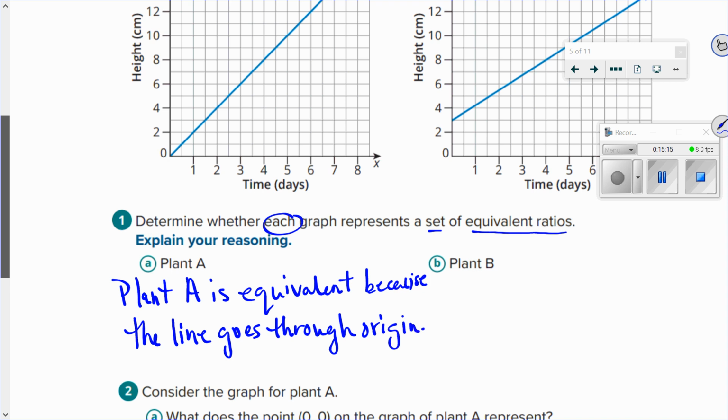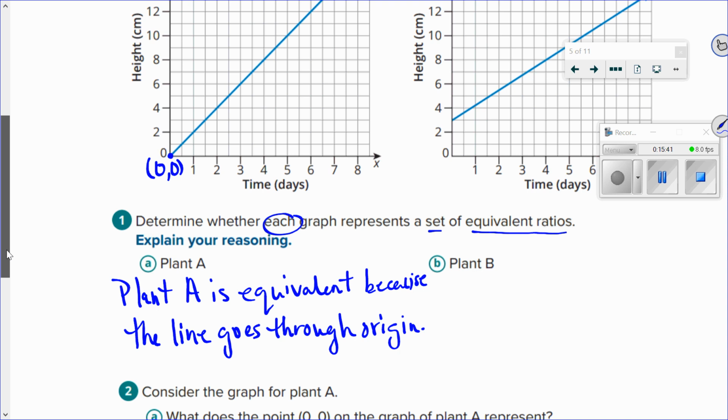And as a reminder, the origin is the point here, 0, 0, where the x and y axes meet. Later on in the year, as we get into negative numbers, you'll see that that actually extends in both directions into negative numbers. But for our purposes for now, we're only looking at the positive portion of the graph. Brian, get your feet down. Okay, what about plant B? Does that have equivalent relationships?